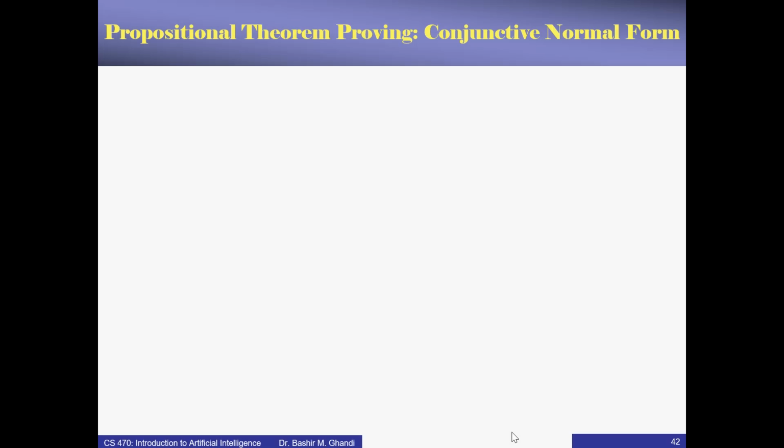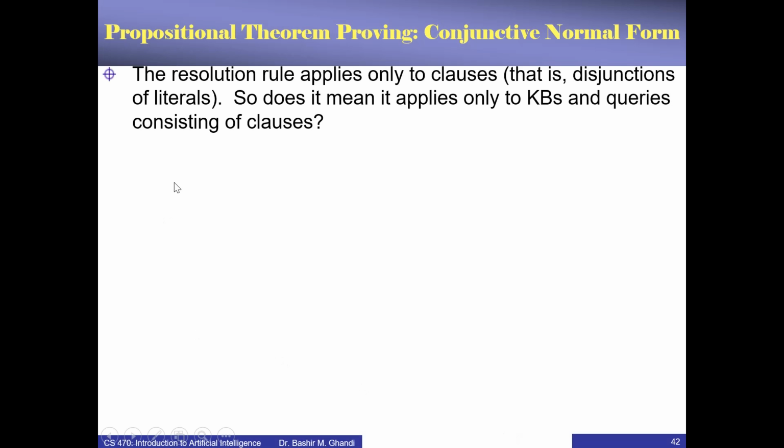This is the idea of proof by resolution. Now the resolution rule applies only to clauses, of course, that is, disjunctions of literals. So does that mean it applies only to KBs and queries that consist of clauses?